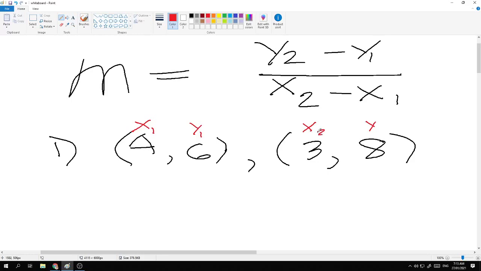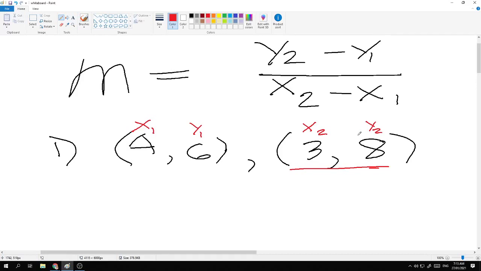This is x sub 2, and this is y sub 2. So take note, the first points, those coordinates will be x sub 1 and y sub 1. The second set of points, we have here x sub 2 and y sub 2.